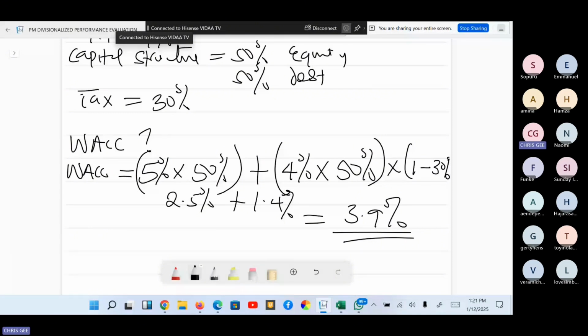What's the final figure? Confirm that you can get 0.039, which is 3.9%. So that means we're good. Are we good? Okay.